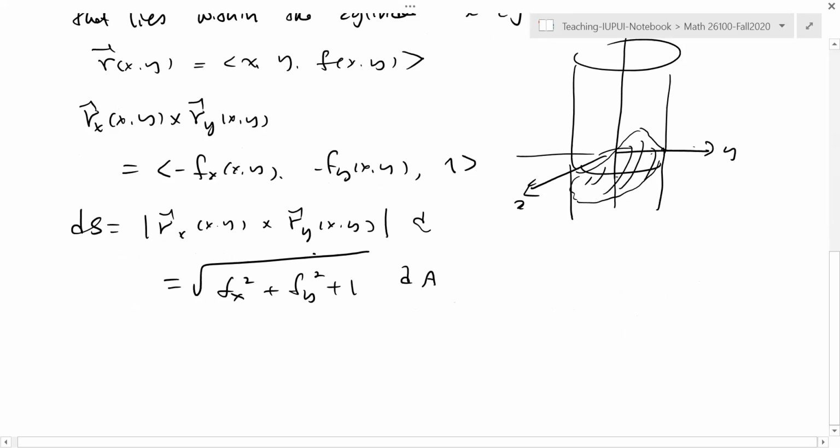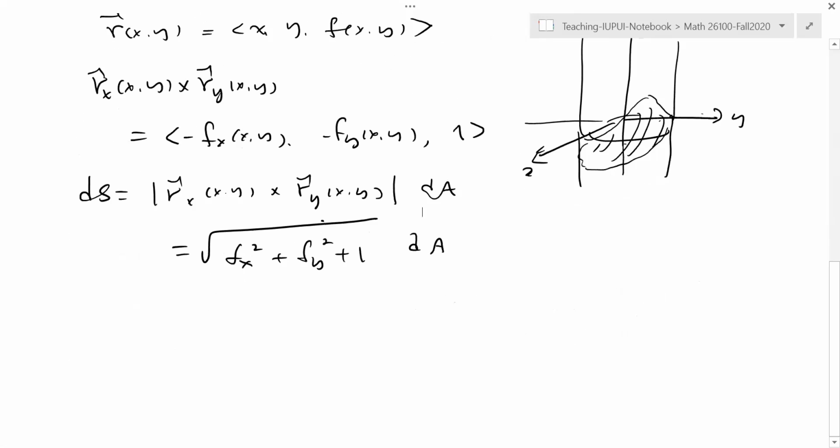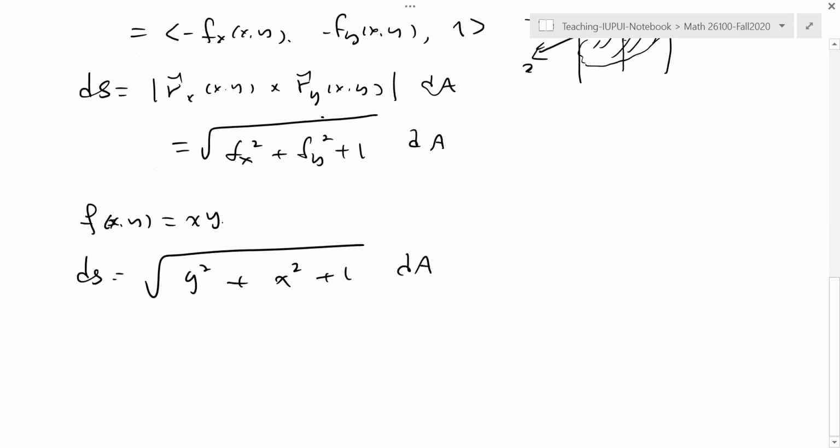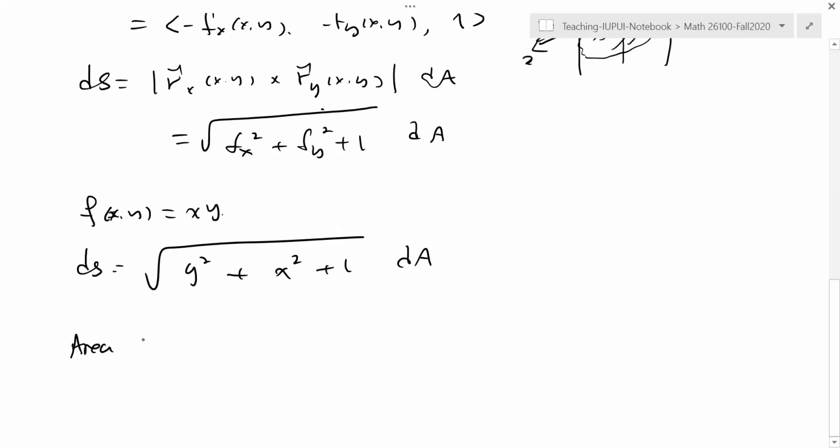So all I have to do is find the derivatives for the function, f of x, y equals x times y. Then dS is going to involve the derivative of f with respect to x, the derivative of f with respect to y, and the 1, and the dA. So the area of the surface inside the cylinder is going to be this double integral over D, square root of x squared plus y squared plus 1 dA.